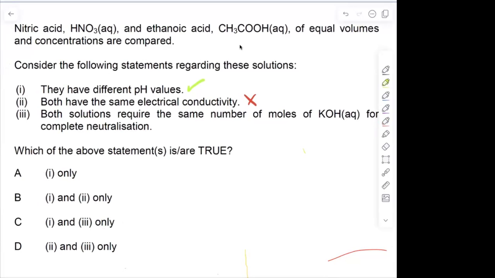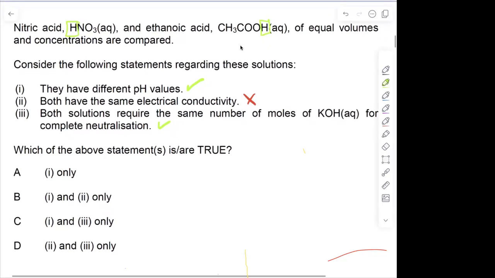The reason why it's going to be true, right, is when we look at the types of acids, we're dealing with a monoprotic acid for HNO3 and a monoprotic acid for acetic acid, which means, yes, they'll require the same number of moles of KOH because it's down to the number of hydrogens that you put out to determine how you're going to then be neutralized, which means in this case, what we will find is that statement 1 is true, statement 2 is not, and statement 3 is true, which means eventually that C becomes our correct answer, that only 1 and 3 are true.